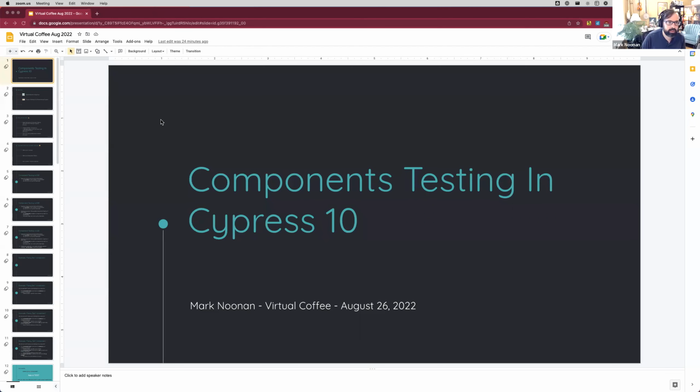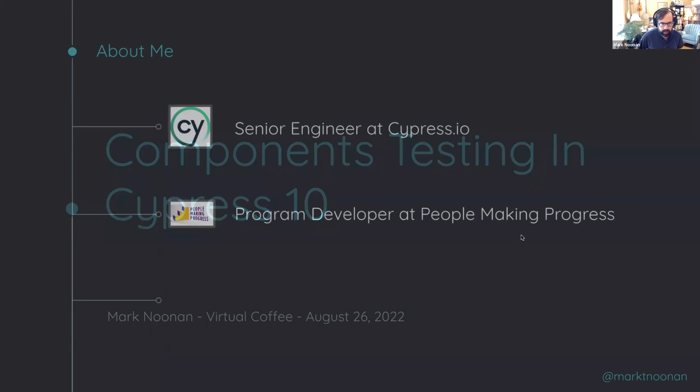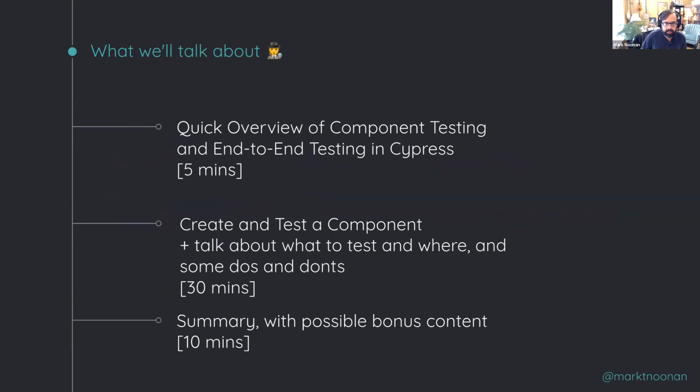All right, let's share here. So we'll look at component testing in Cypress 10. I'm going to use Vue as our example, but this applies equally to React and Angular and stuff like that. We'll start with an overview.